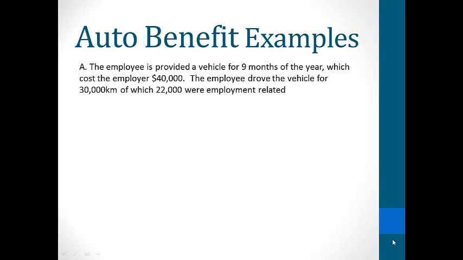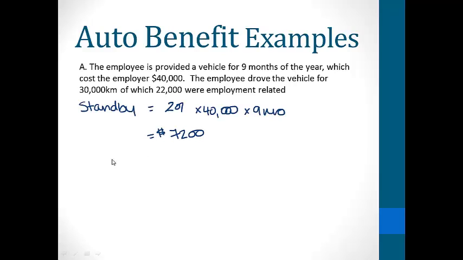So here in A, we have an employer providing a vehicle for 9 months of the year. The first part we're going to do is going to be our standby. So I'm going to take 2% times the cost of the car, the $40,000 times 9 months. And I get $7,200.